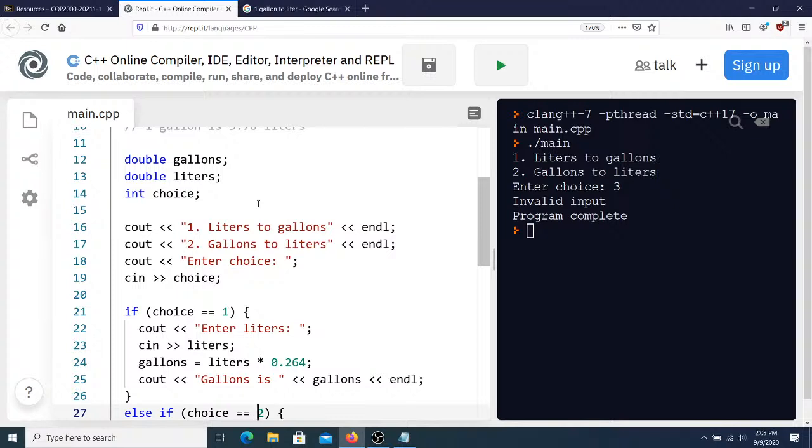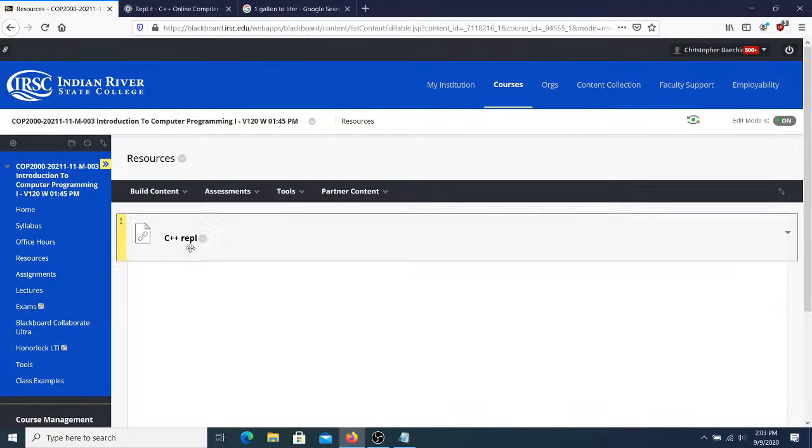So why do we even need ints if we could just represent everything as a double? Well, the simple answer is, in this case, they're not going to enter in choice 1.5. It really only makes sense as a whole number. So we could do that, but really, why even have ints, though, if I can still represent everything that I need to? So let's start a new example, and hopefully it'll make a little bit more sense.